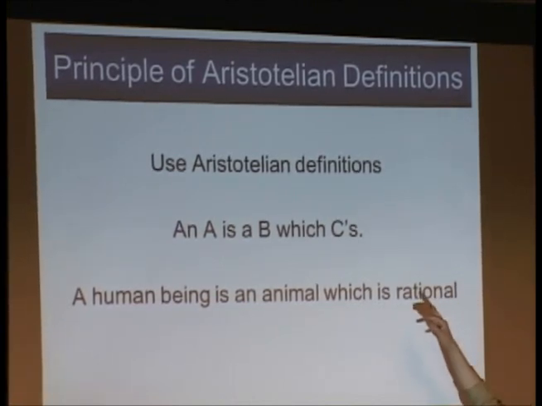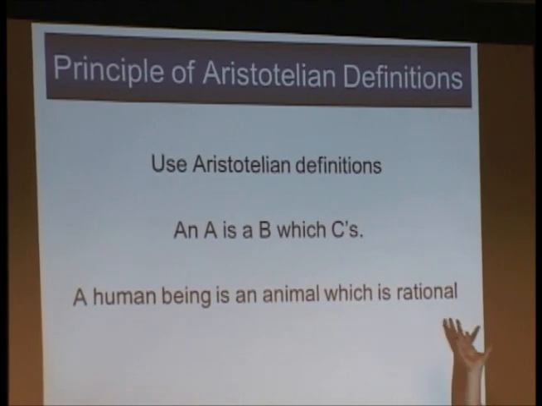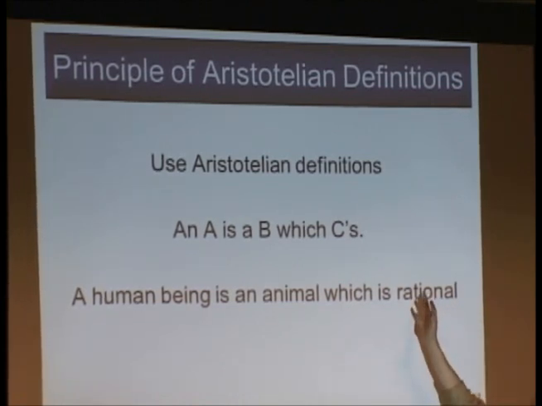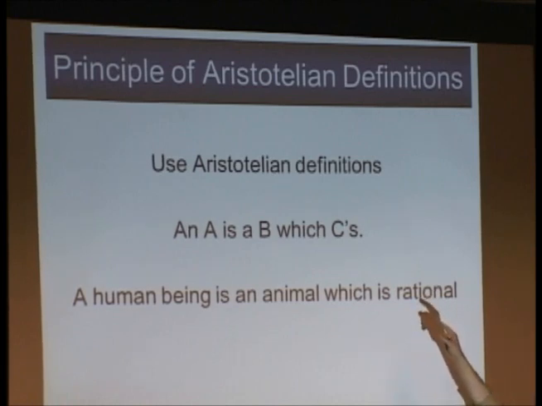Now what you do with the C's is up to you, but you already have a template for creating a definition, which will avoid the use-mention confusion, because you won't ever be tempted to say an A is a name for an A, unless A is a name.